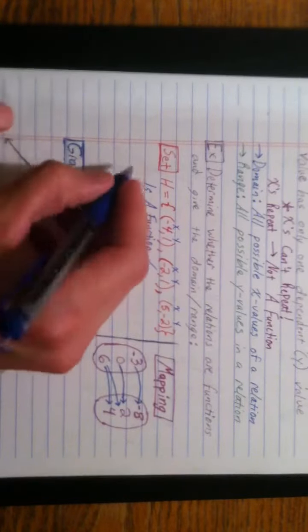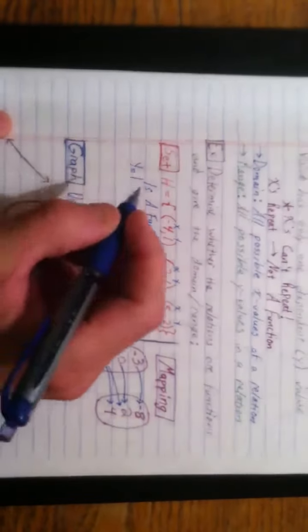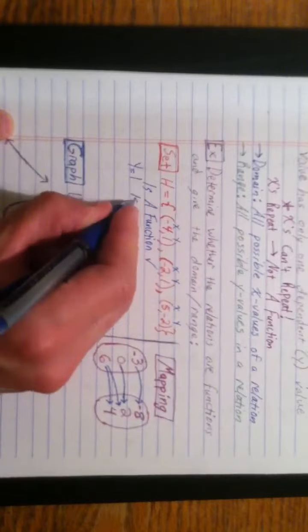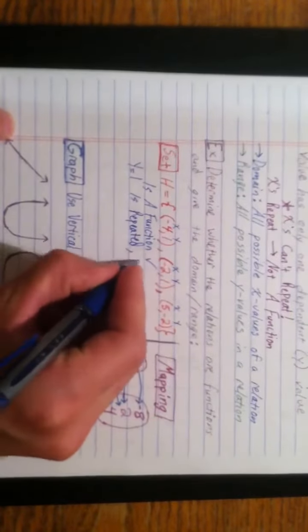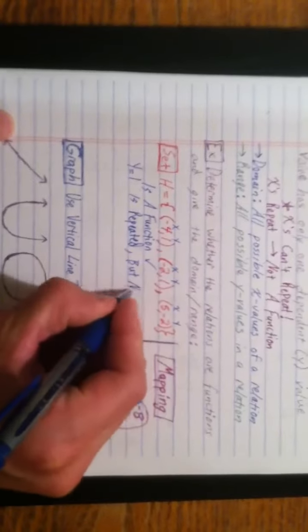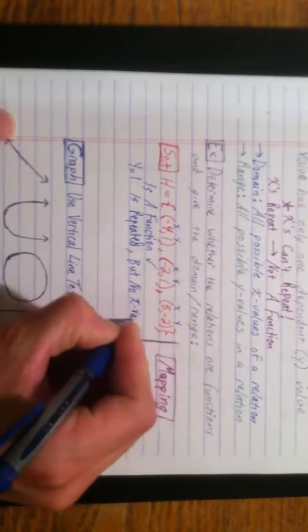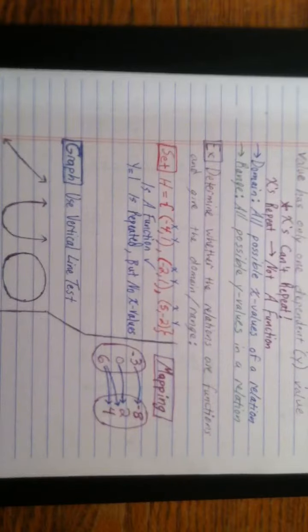So y equals 1, that's okay that it's repeated. But the x values are not. As long as the x values are not repeated, we're good.